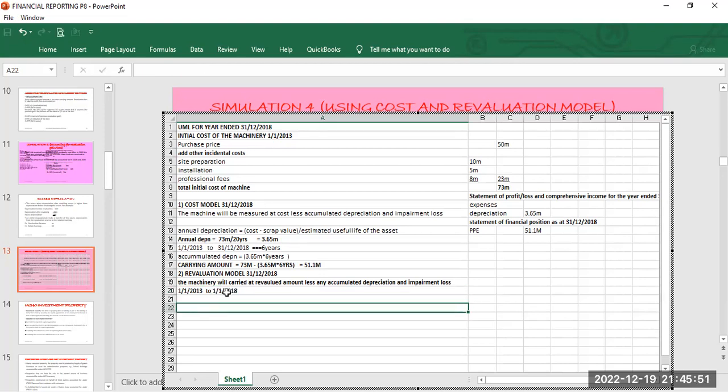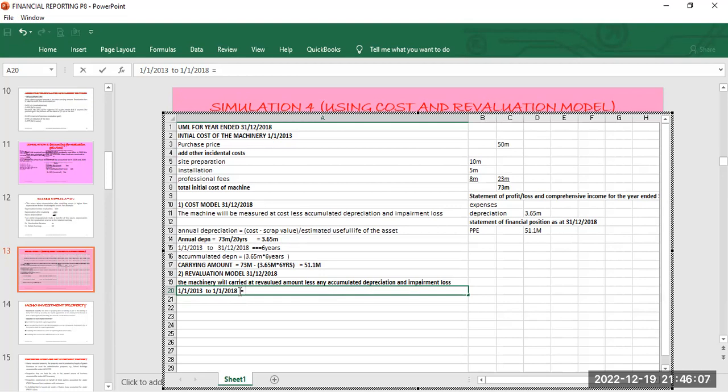So how many years are there from the date the asset was bought to the period when they did the revaluation?